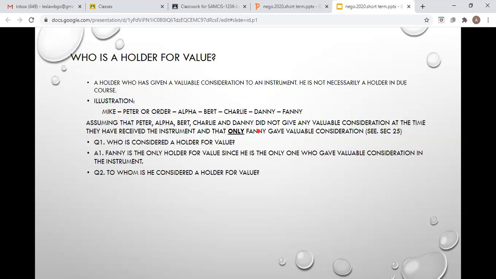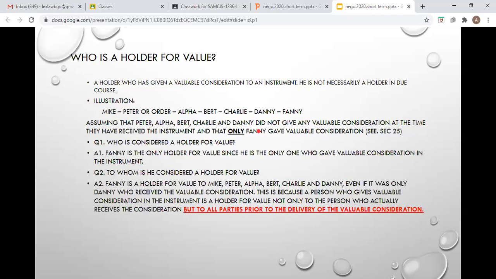Another question to be considered. To whom is Fanny considered a holder for value? Ha? Yung consideration, tinanggap lang ni Danny. So to whom is he considered a holder for value? Well, sabi natin, Fanny is a holder for value insofar as Mike, Peter, Alpha, Bert, Charlie, and Danny. Okay?